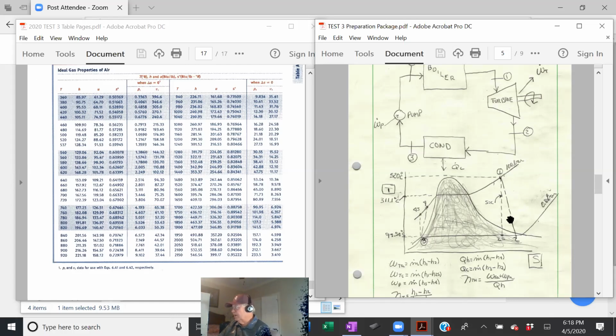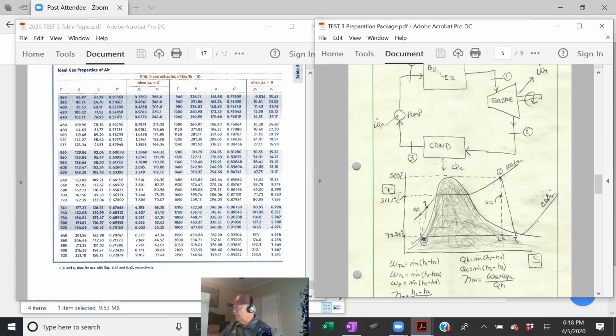And here, it looks like it might be 95%. Once we go through the turbine process, we always end at the same pressure, whether we go the isentropic line or the actual line. We just see the entropy increases in actuality.